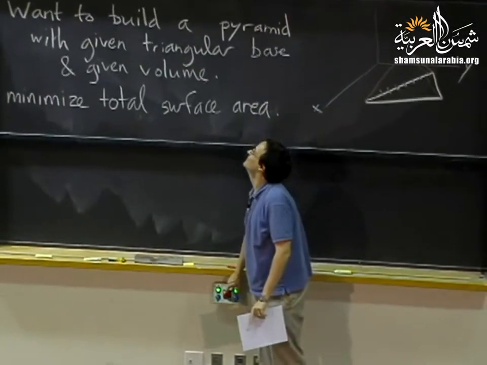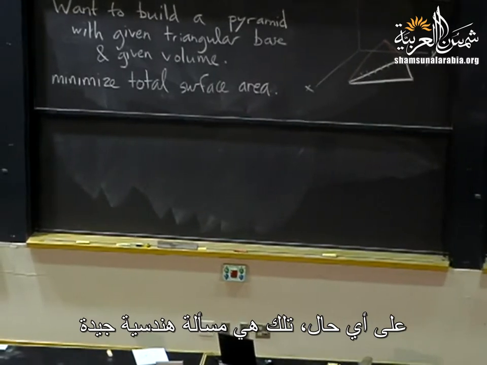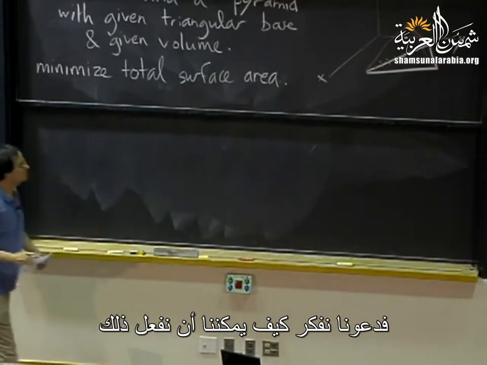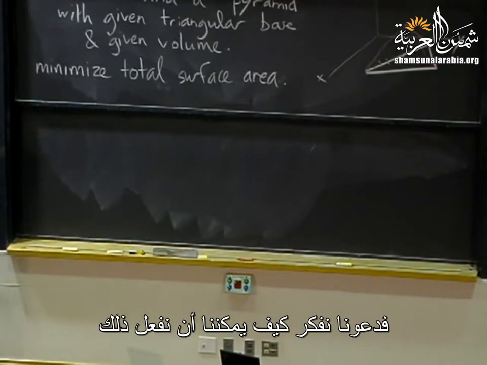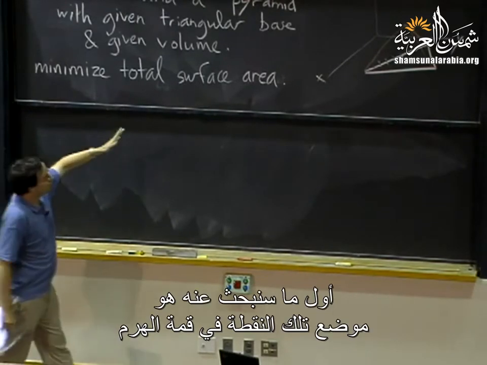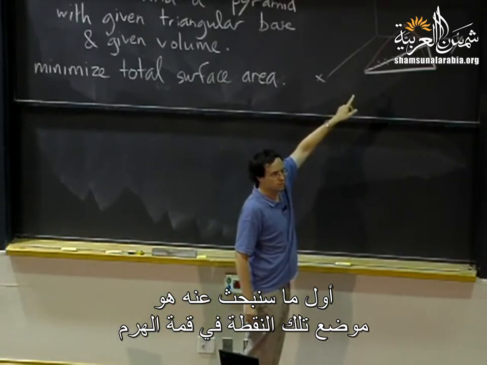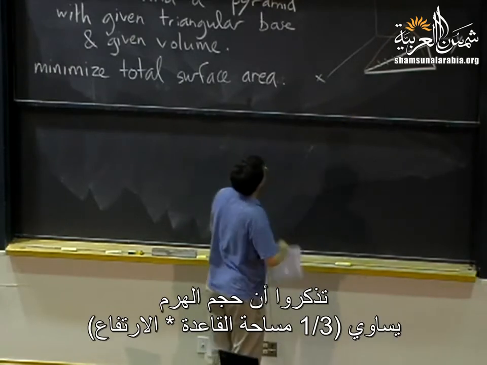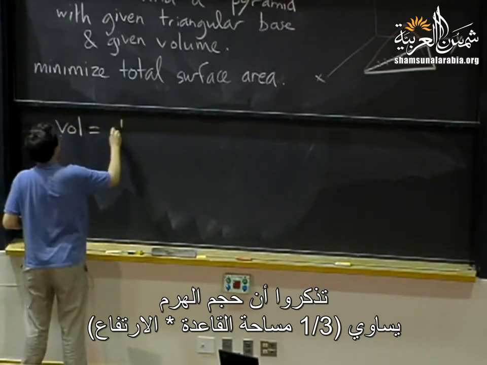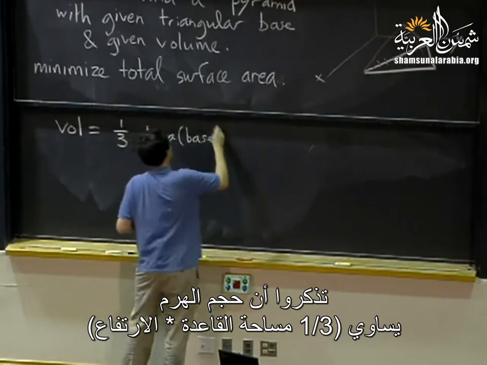Okay, anyway, it's a fine geometry problem. And let's try to think about how we can do this. The natural way to think about it would be, what do we have to look for first? We have to look for the position of that top point. Well, remember, we know that the volume of a pyramid is 1/3 of area of the base times height.